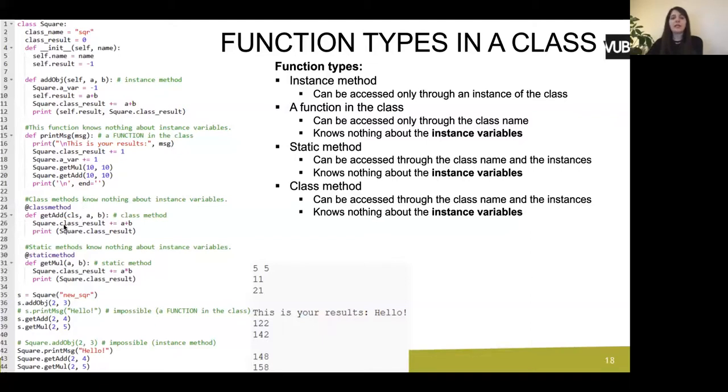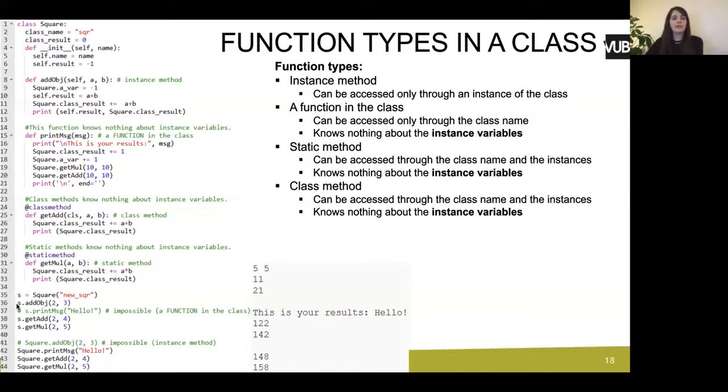So it can only access class variables. What is the static method? Static method is defined with this decorator. For class method, you also need to write this decorator here, but it doesn't have self or cls here. It can only access class variables, not instance variables. So it can be accessed through the class name and the instances, but it knows nothing about the instance variables.